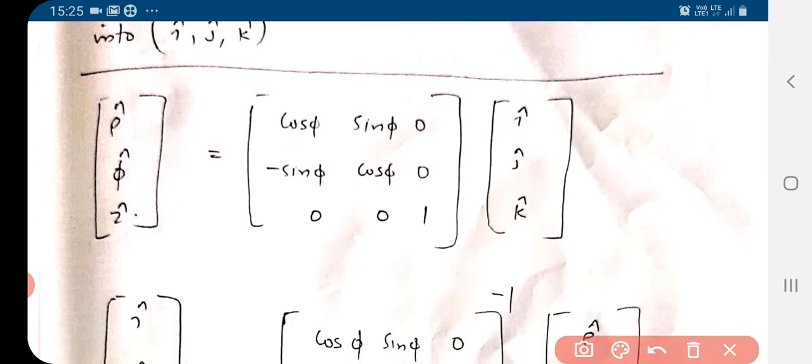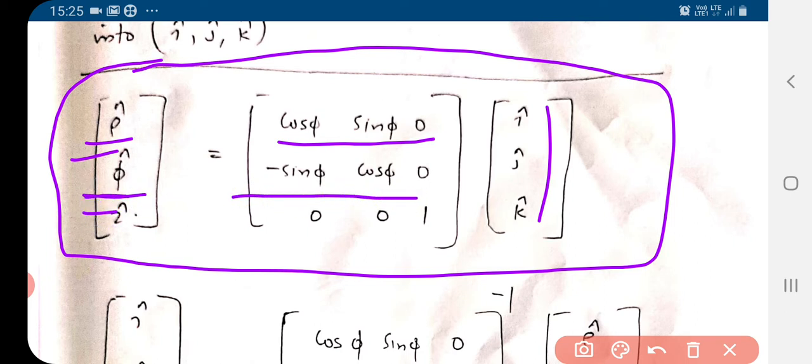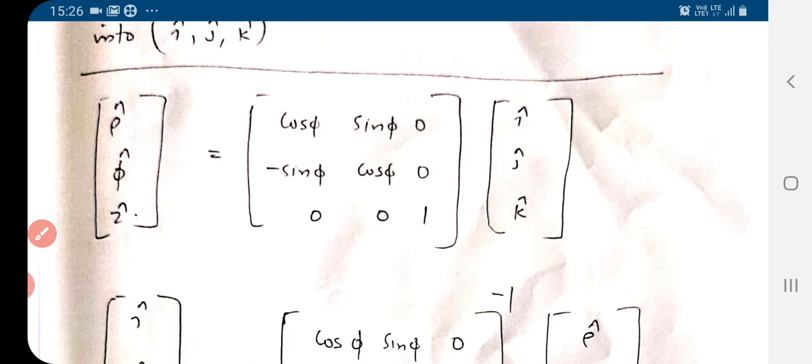So see this transformation. We already have this result. Unit vector rho is cos phi i plus sin phi j, unit vector phi is minus sin phi i plus cos phi j, and unit vector z is equal to k.